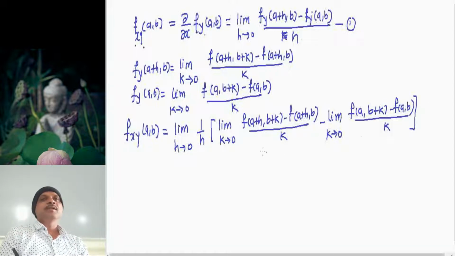Now the limit is common, we write it as h tends to 0, k tends to 0, and this is 1 divided by h into k.